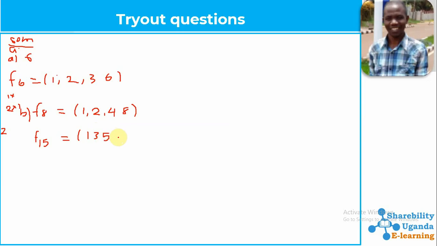Then also the number 15. So our factors of 15 are 1, 3, 5 and 15.